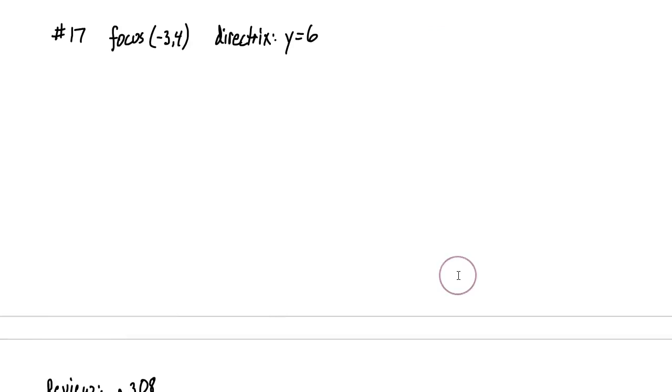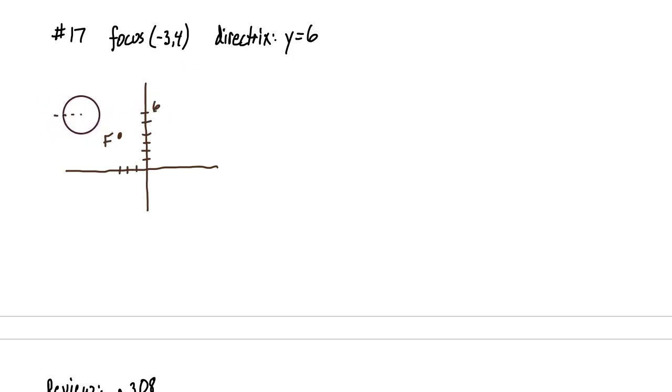Number 17, let's make the equation for a parabola with this focus and this directrix. Again, let's make a graph so we can visualize what's going on. Here is -3, 4. That's point F, the focus. Crossing the y-axis at a height of 6 is our directrix line.